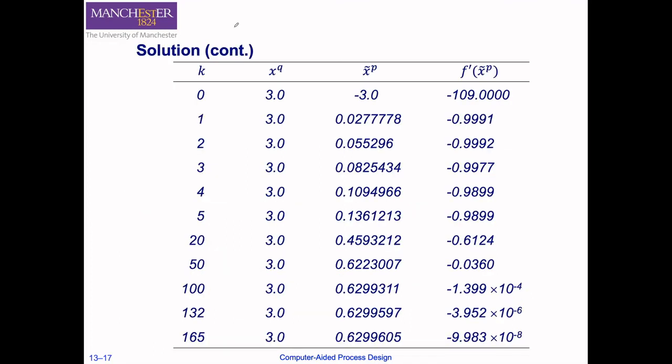Then we use the formula x tilde p is equal to xq minus f prime xq divided by m to calculate x tilde p, which is equal to negative 3. Then we evaluate the first order derivative at this x tilde p. Then we get this number, negative 109.